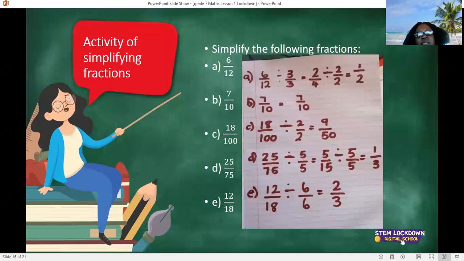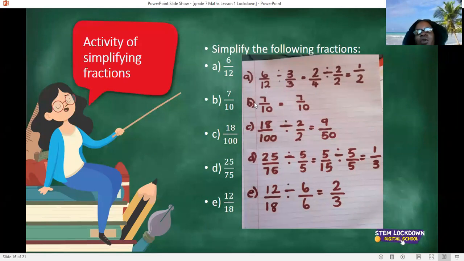examples that I have for you there. We have 6/12, and then you can divide these 6/12 by 6, because 6 can go into 6 and 6 can go into 12. There is nothing wrong if you first divide it by 3 to get 2/4, and then 2/4 is not in its simplest form. So you have to further divide it by 2 to get 1/2.